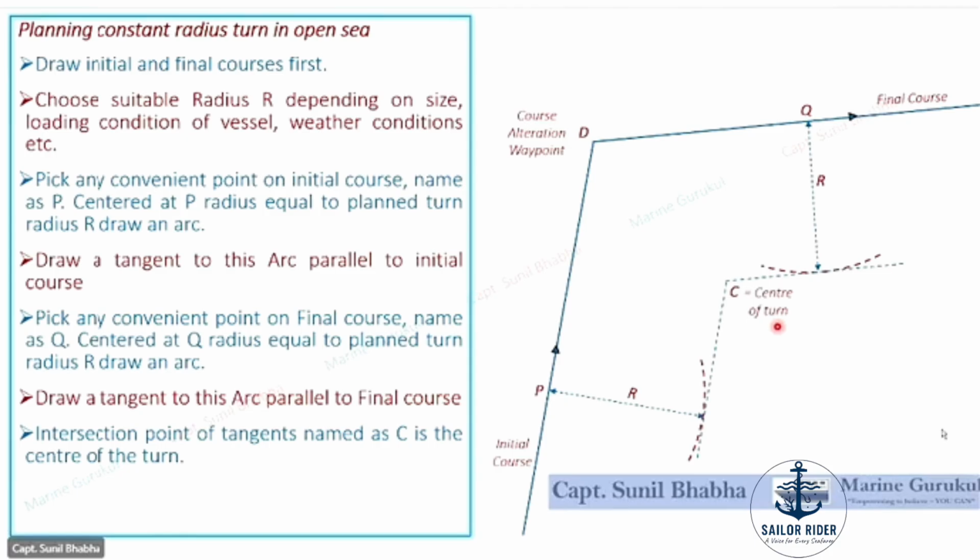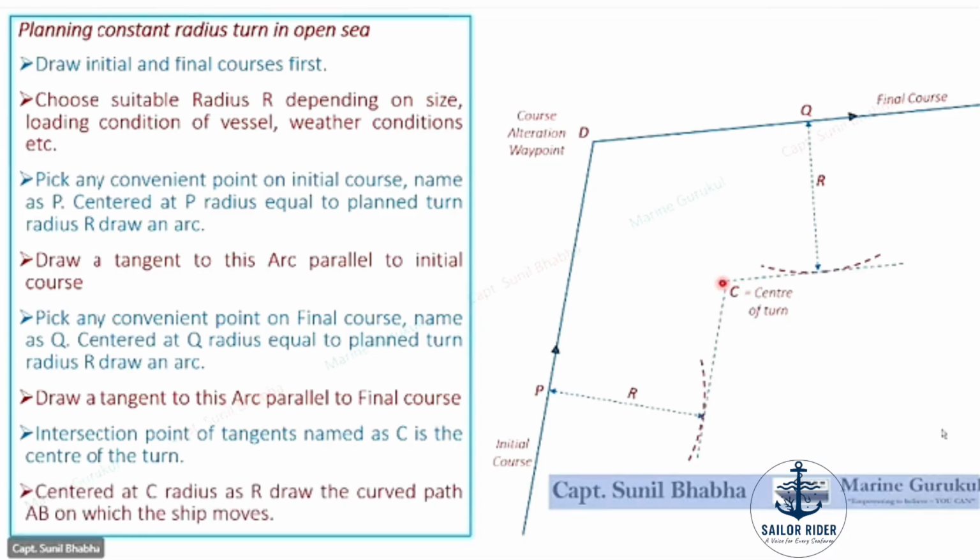Now you can pick up the compass again, center the compass at point Charlie and draw an arc. So centered at point C, radius equal to our planned radius, we draw an arc. You can see the arc coming up on the screen now.